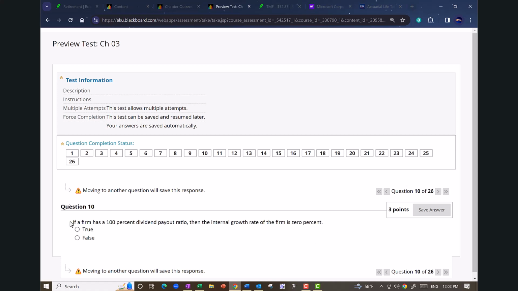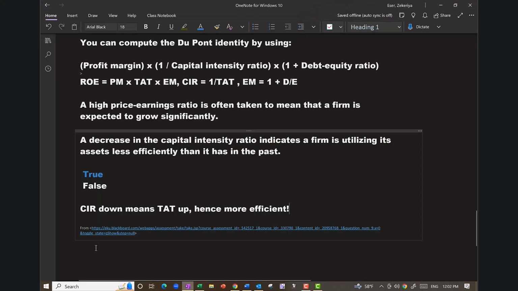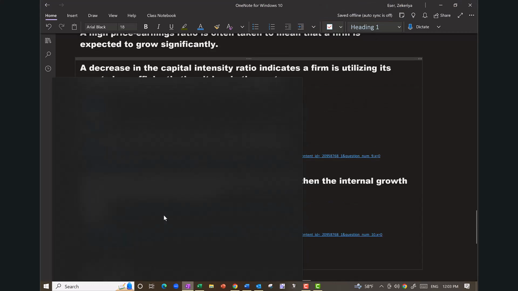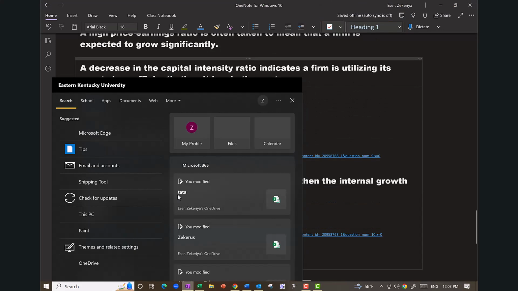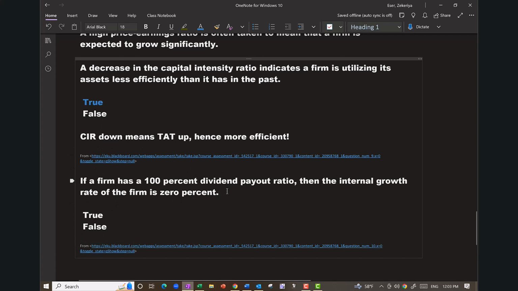Okay? How about this? If a firm has a 100% dividend payout ratio, internal growth rate of the firm is 0%.